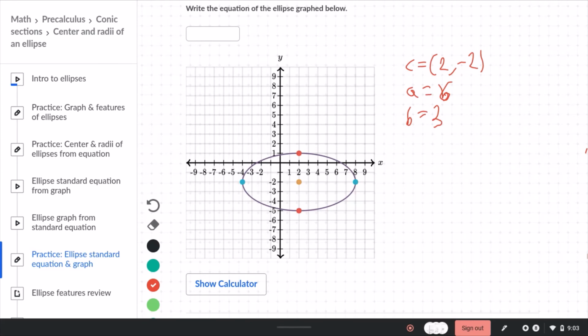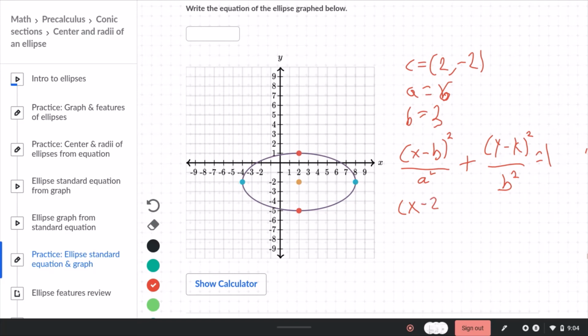Now let's use our information by plotting it in the equation, which is (x minus h) squared over a squared plus (y minus k) squared over b squared equals 1. Now let's start to write x. Now we have the x-axis positive, and always we need to swap the sign.